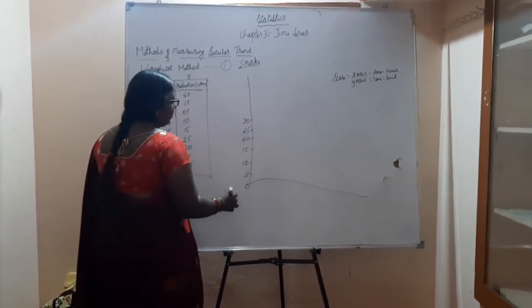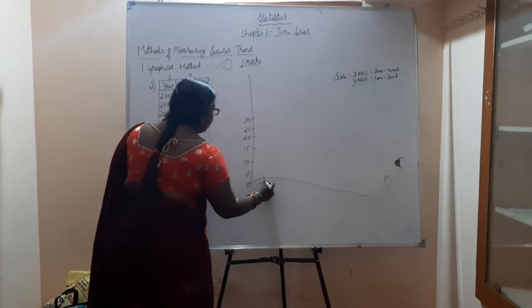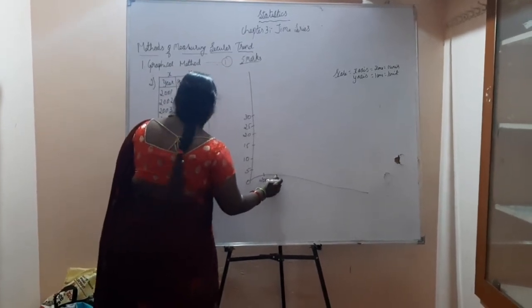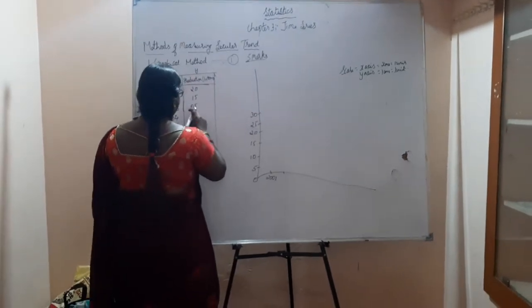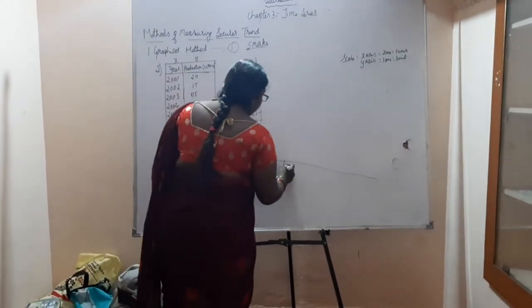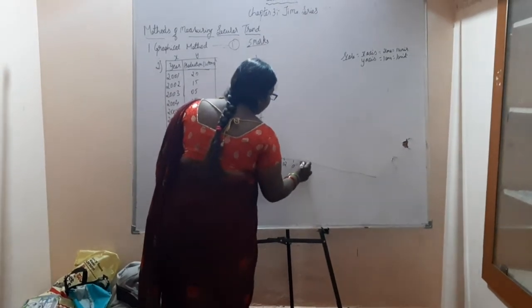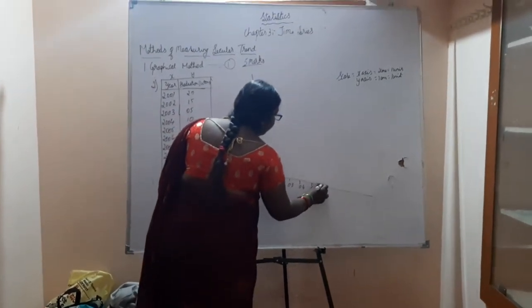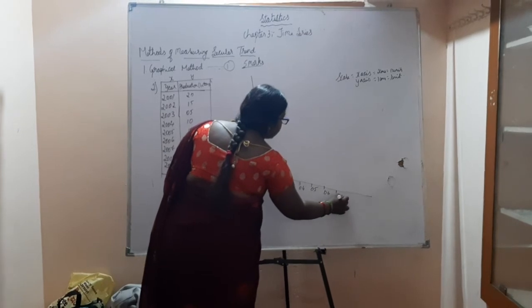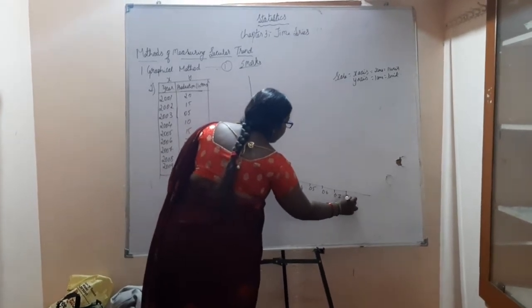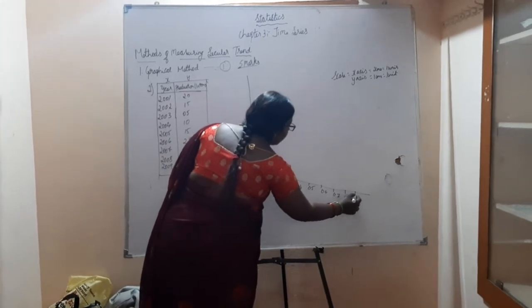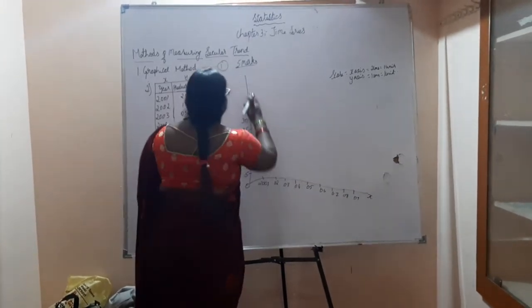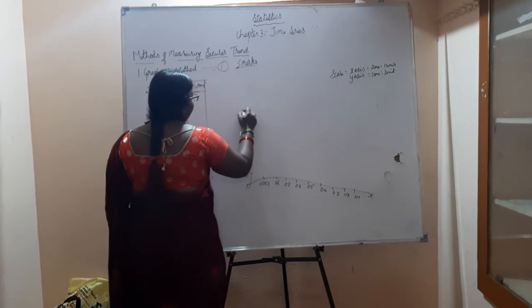I am taking a difference of 5 here. The years are 2001, 2, 3, 4, 5, 6, 7, 8, 9. So I am taking my years; this is my x-axis and this is my y-axis.